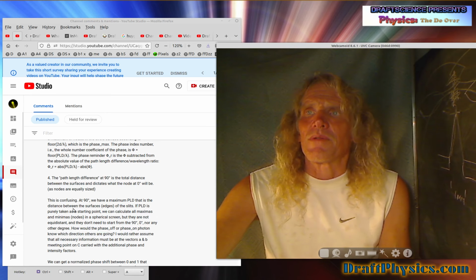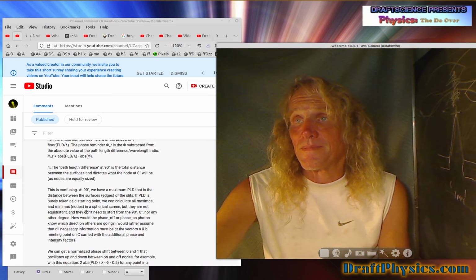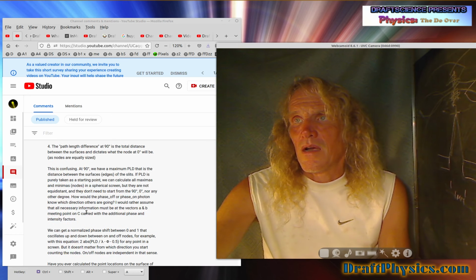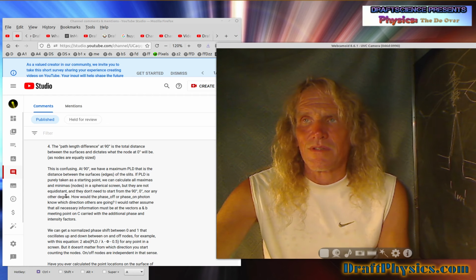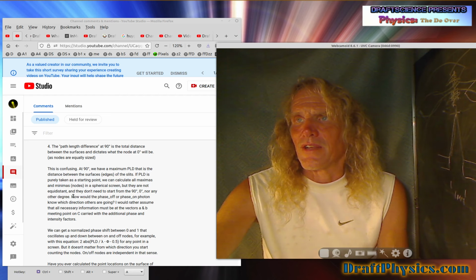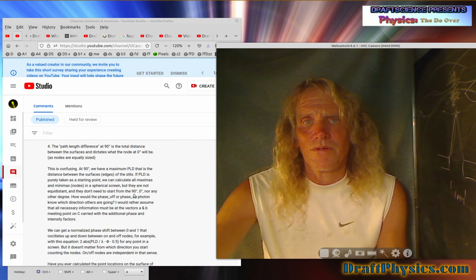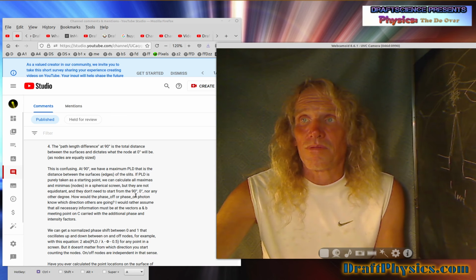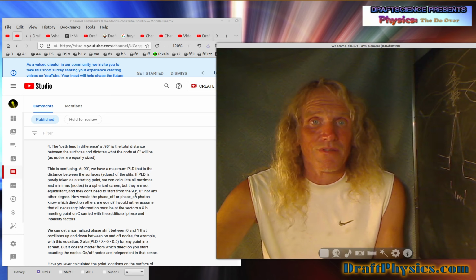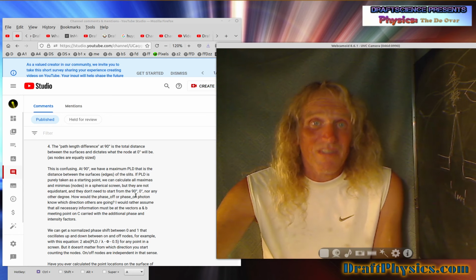Alright, well, whatever. Let's see where this goes. We can calculate all maximum and minimum nodes in the spherical screen, but they are not equidistant. Well, again, I just totally disagree. And they don't need to start from the 90 degrees. They don't need to, but as I just pointed out, it's the most certain point you can start. It's a great point to start because it's so simple to calculate.